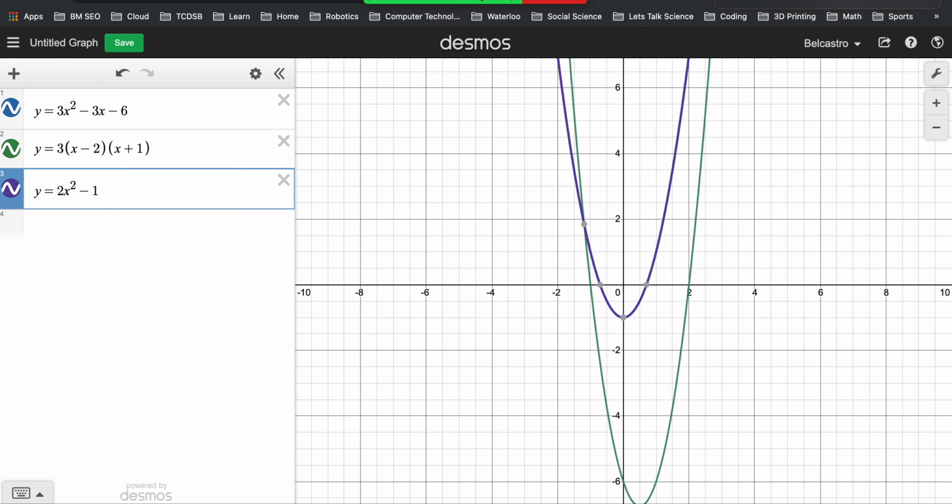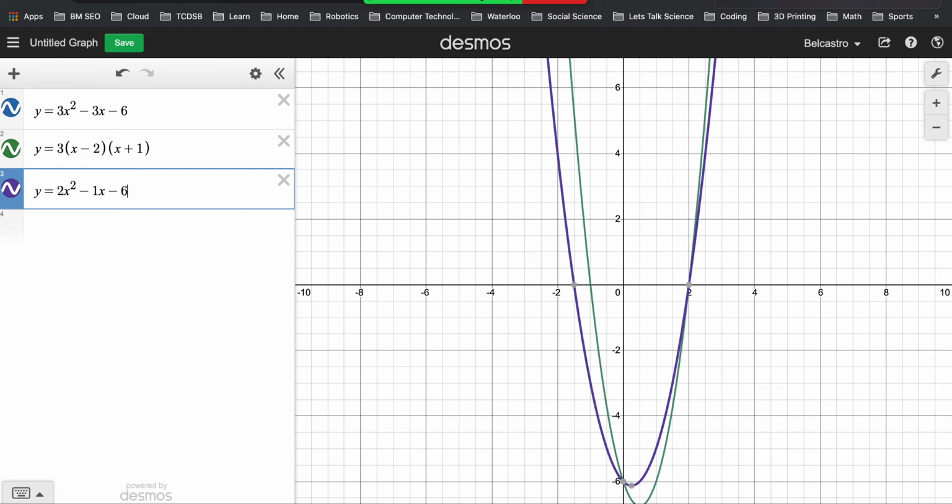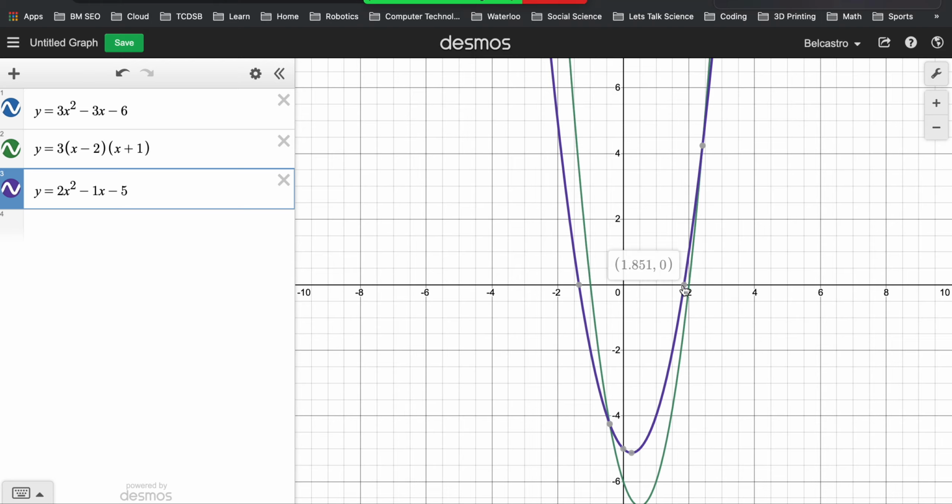Minus 1x minus 6. Okay, let's say minus 5. That's a little better. Take a look at these, okay? So 2x squared minus x minus 5.